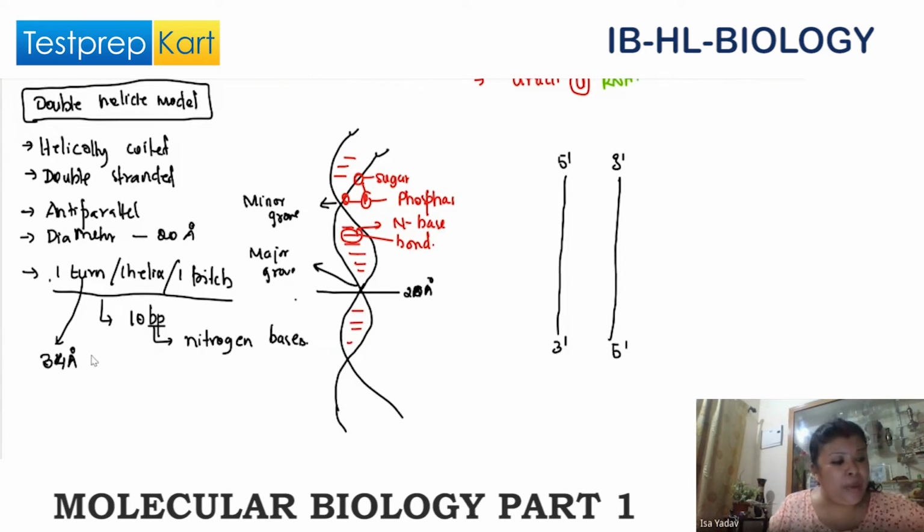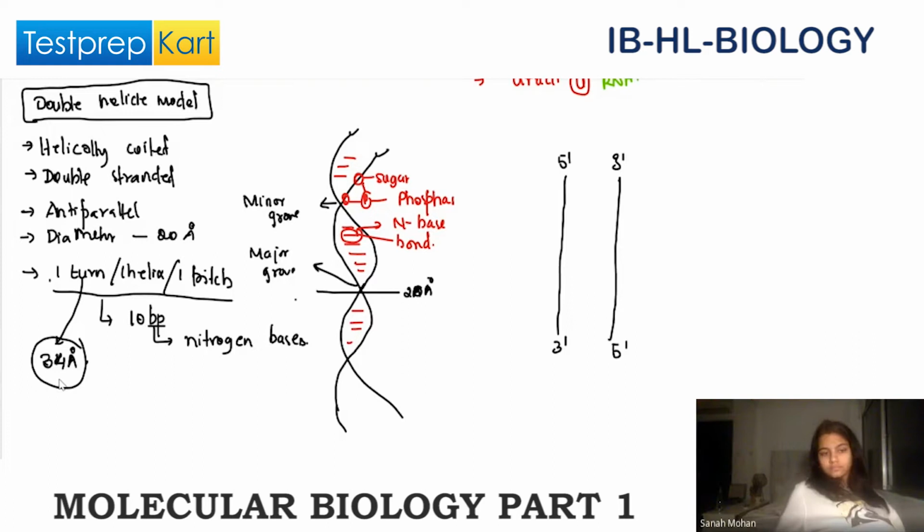So sometimes you may get this as 3.4 nanometers. Don't get confused. We measure in nanometer and in angstrom. Sorry, 3.4 nanometer is 34 angstrom.